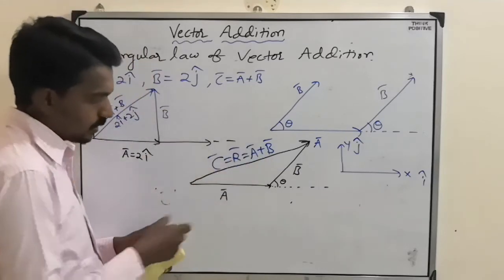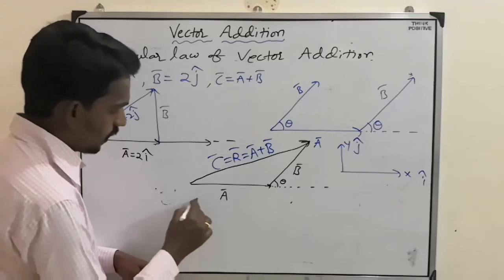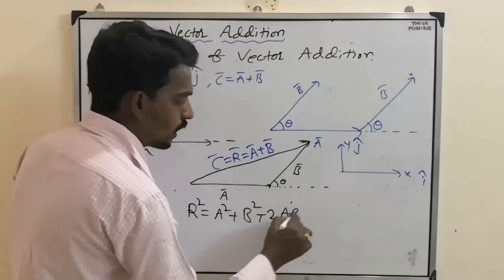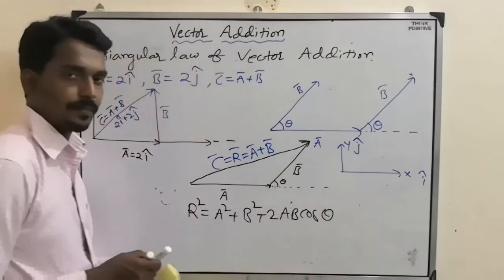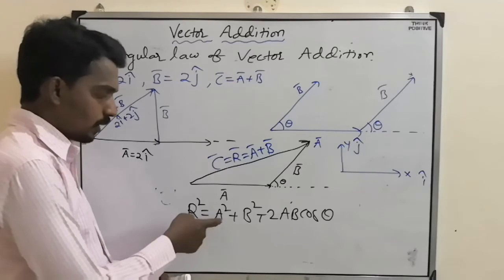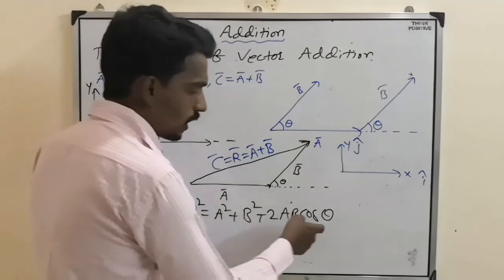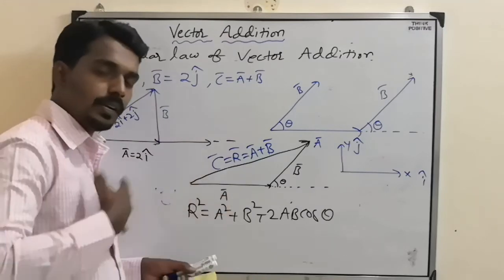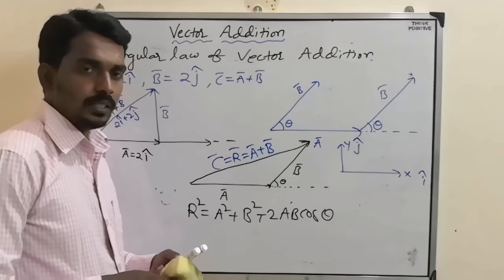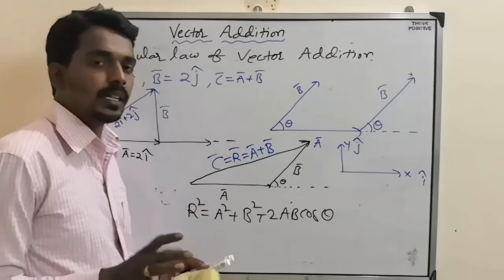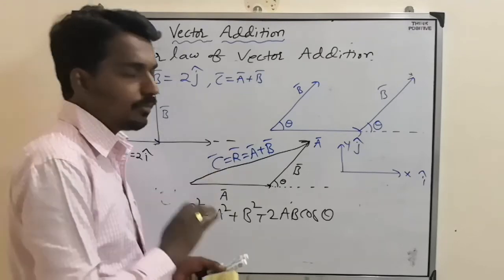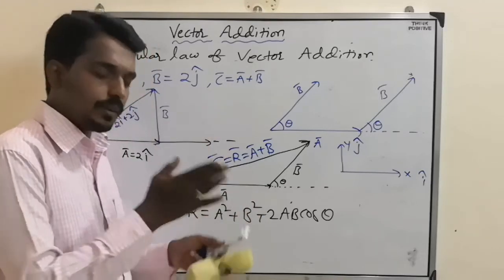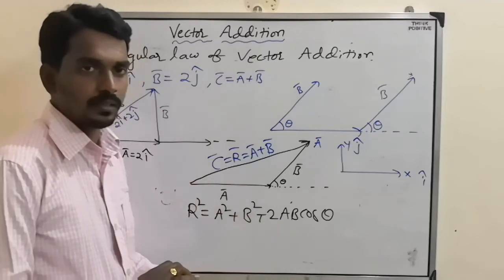And the resultant magnitude, as I have given, R square equal to A square plus B square plus 2AB cos theta. This derivation we will do, don't worry, based on the parallelogram law of vector addition, that is the second law, in the coming class.